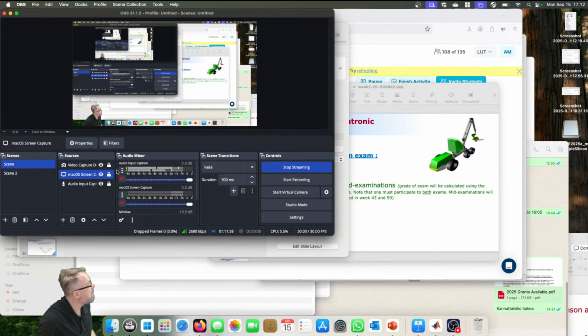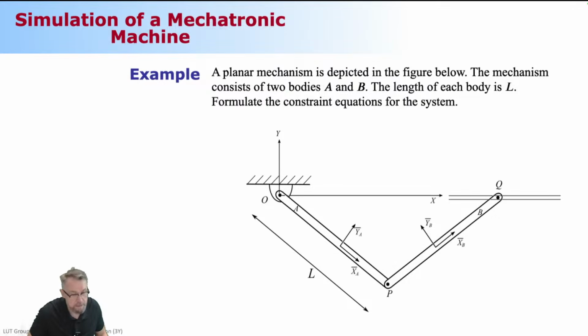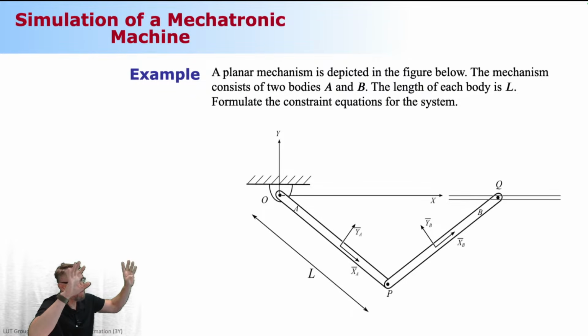Yep. Okay. Let me think. We were here, right? Okay. What's going to happen is that we're going to create the constraint equations for this system. How much is this different from what we looked at earlier?